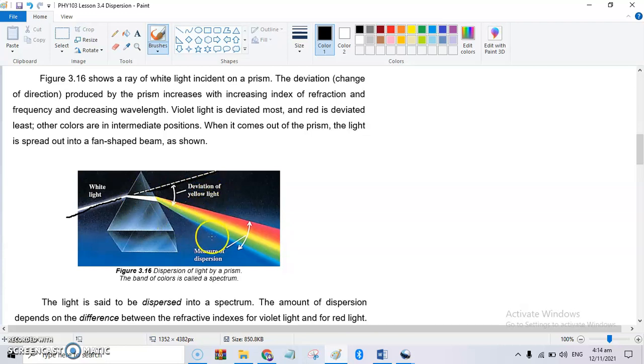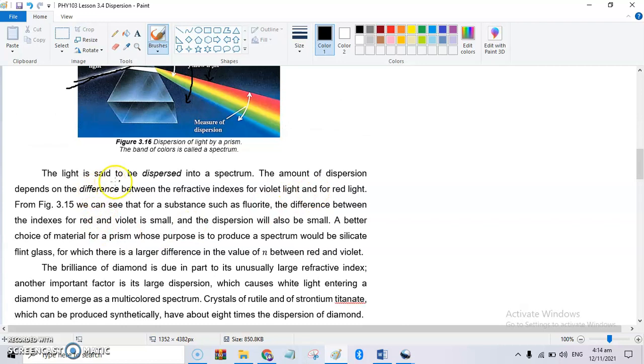So violet light is deviated most because from this line, it is farthest outside. And red is deviated least because it is closest to the original line. The light is said to be dispersed into a spectrum.